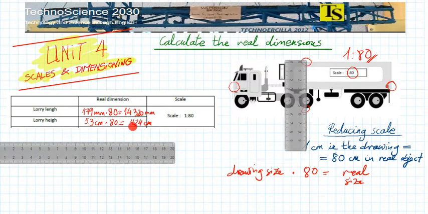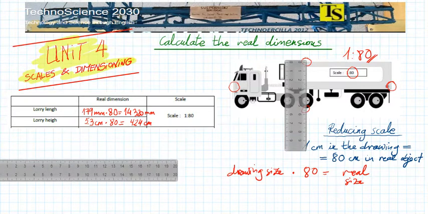It is possible that you want to express both in the same unit. Then instead of writing this, you have to write it in meters. In meters this would be 14.32 meters, and this in meters would be 4.24 meters.